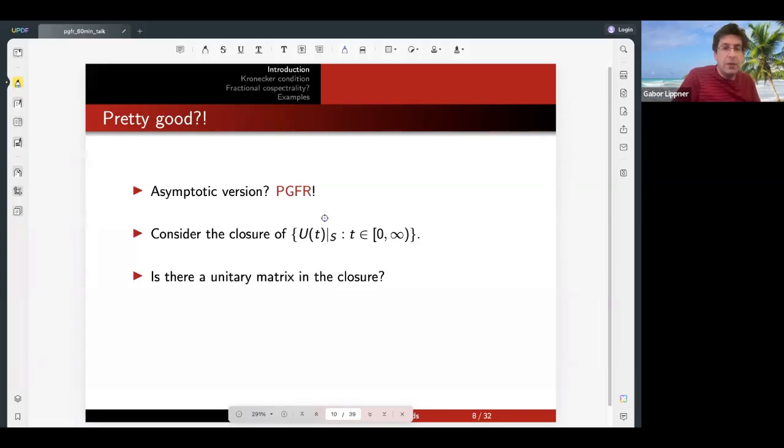And so what people started doing is relaxing the condition of having a single time where state transfer happens, and instead asking, what if I don't want 100% transfer fidelity? I just want to make sure that if I wait a certain amount of time, I can get as close to a full state transfer as I want.